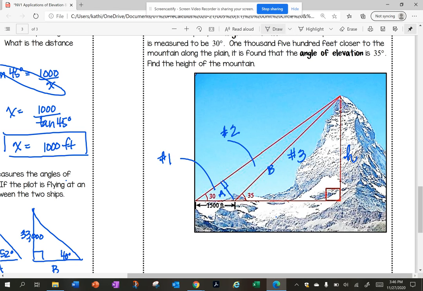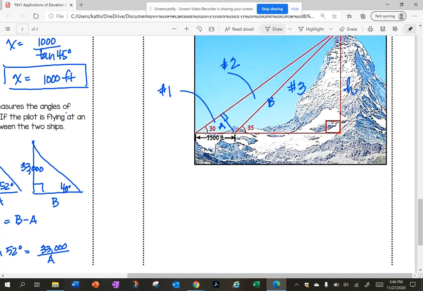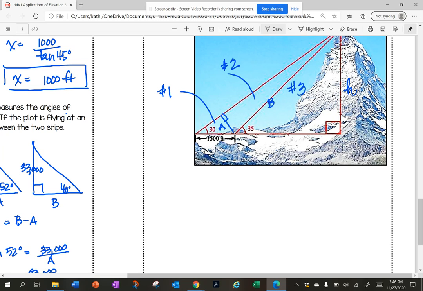Okay, so in order to start working with these, I need to know what this angle is here. So I'm going to use the fact that I know the two acute angles in a right triangle total 90. So 90 minus 30 gives me 60 degrees for this angle.